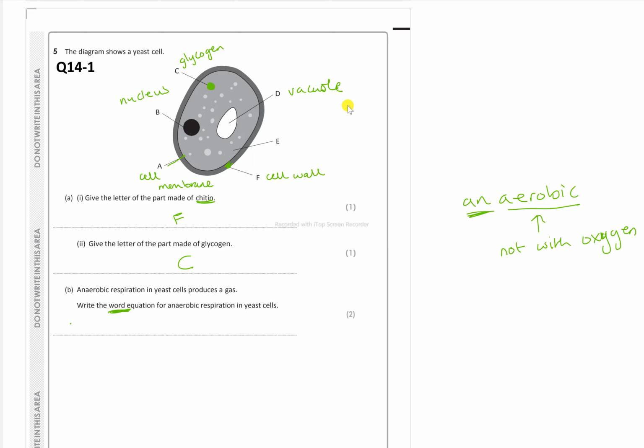So what you do is, respiration breaks down glucose and it releases, right, when you've got aerobic, glucose breaks down into CO2 and water and energy.